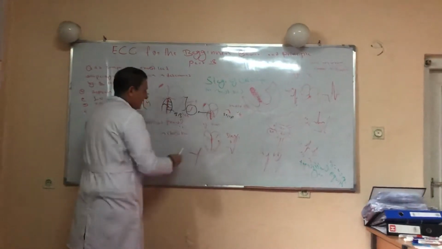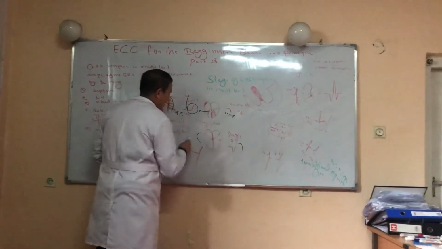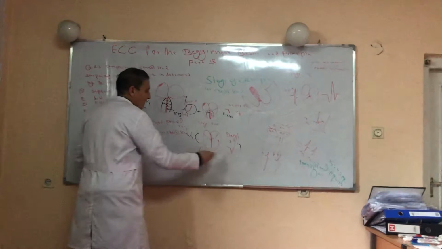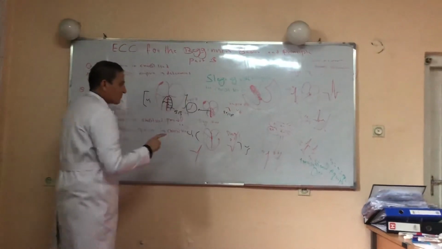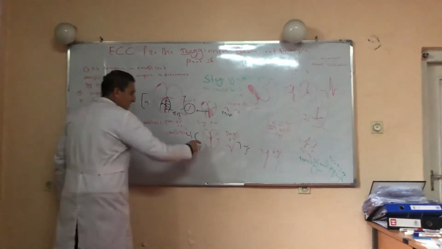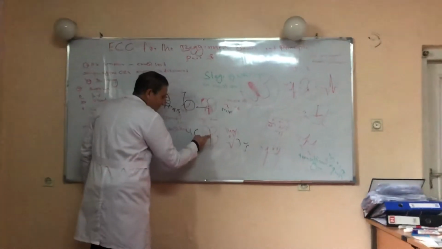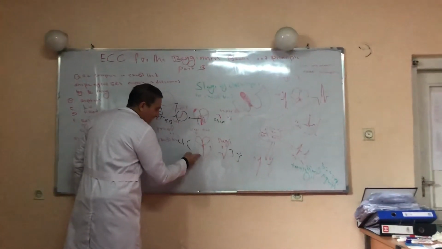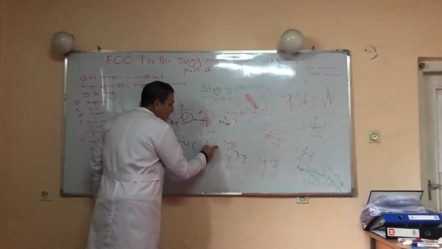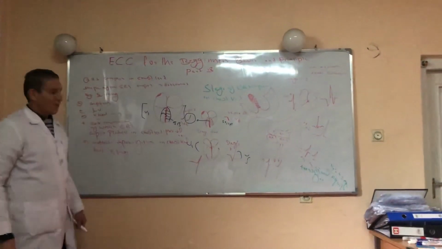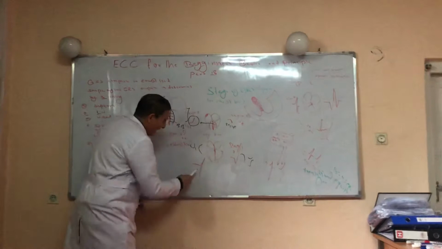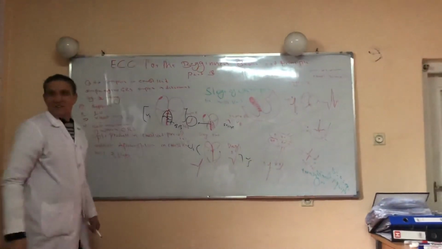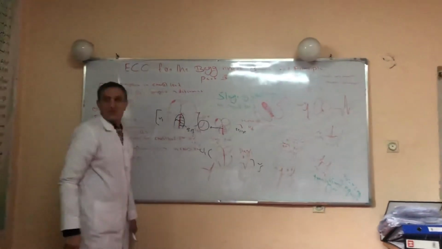After septal ventricular depolarization, the electrical impulse moves from V1, or from the right ventricle, toward V6. So here it produces a negative deflection, which is called S wave.